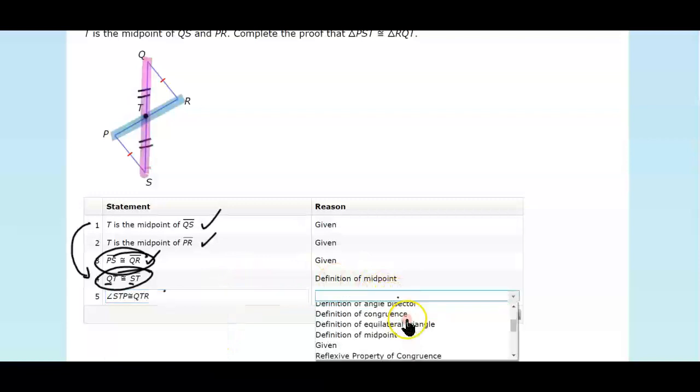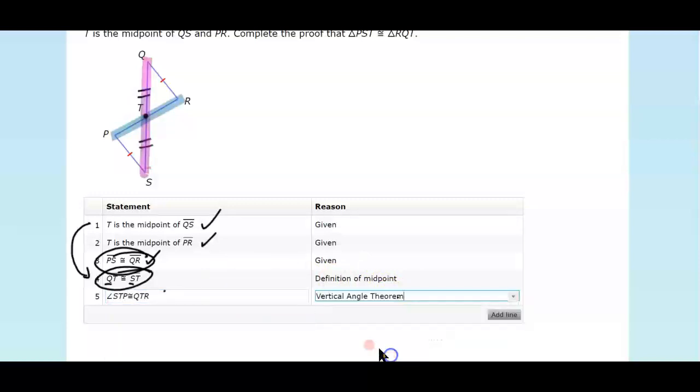But there's a completely different approach we could take. Anyone have an idea what that could be? Tommy? What about SSA? You mean side angle? No, side angle. Because PS is a side, and then ST is no side angle option.